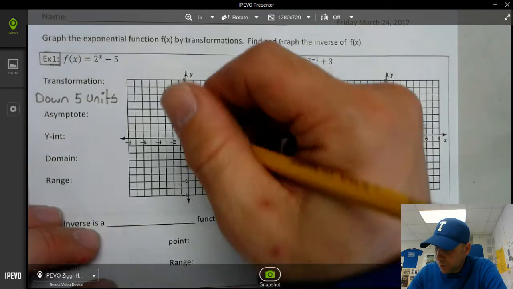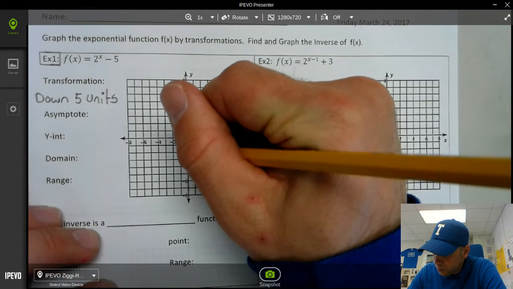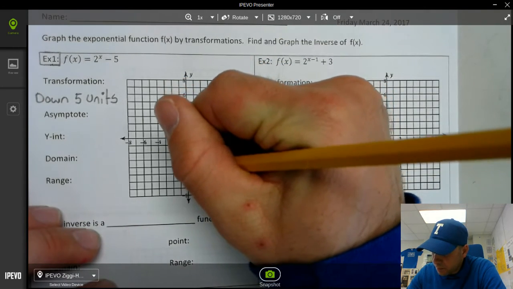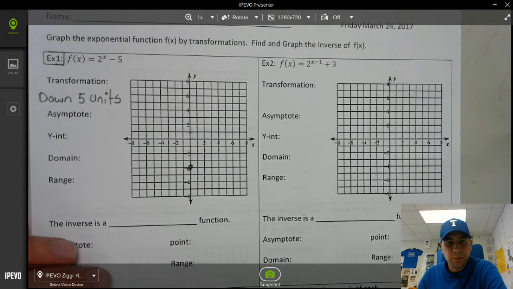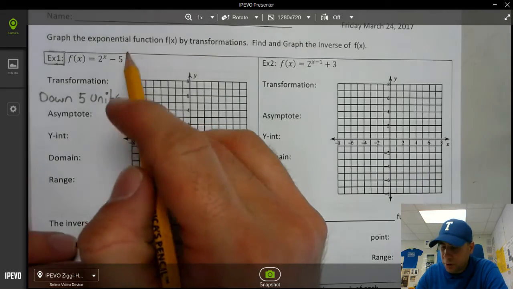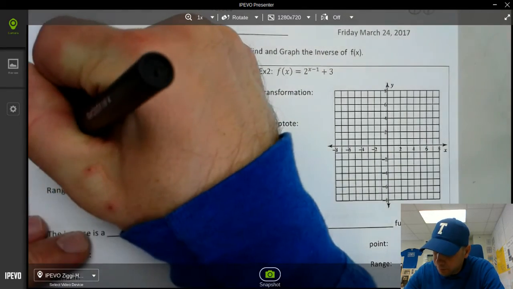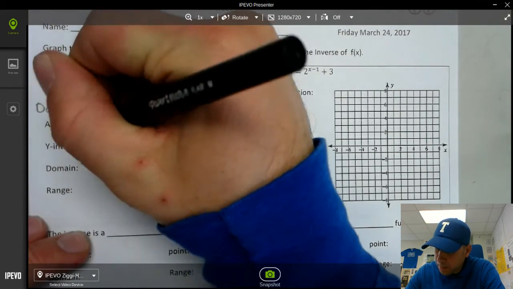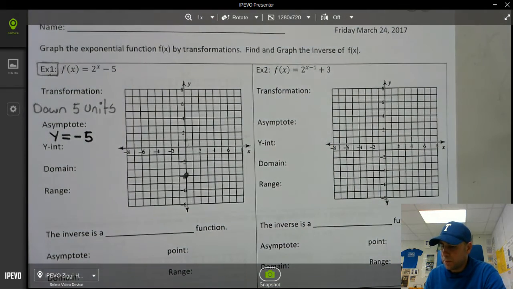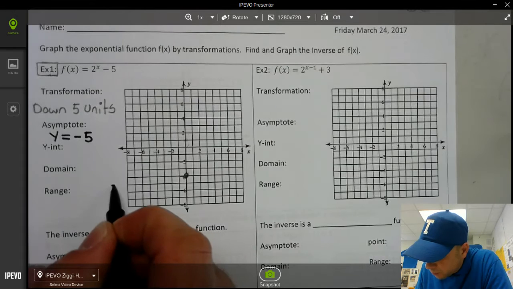And so from there we go down 5. So down 1, 2, 3, 4, 5. Now our asymptote, we know, is the plus or minus k value here, so we know it's y equals negative 5. Let's go ahead and graph that asymptote.